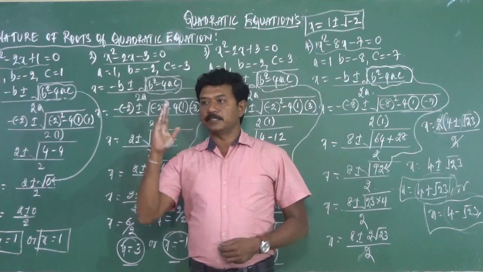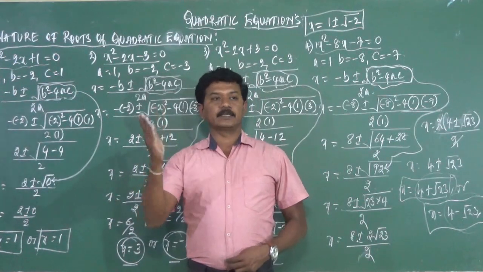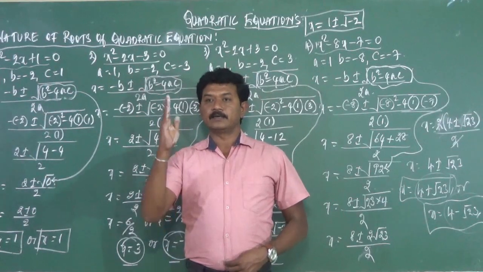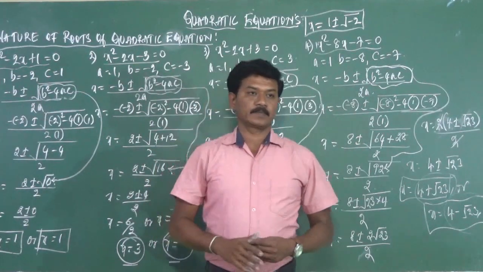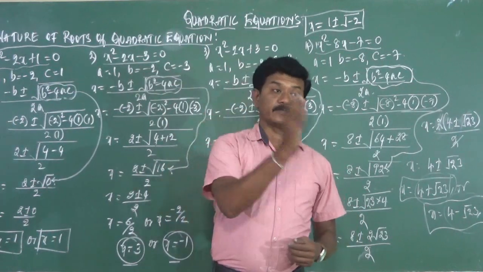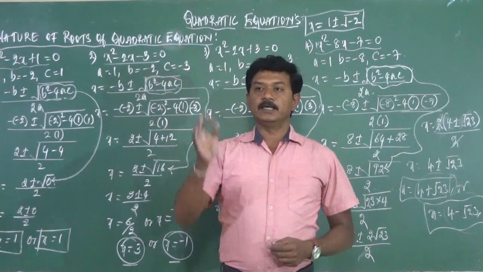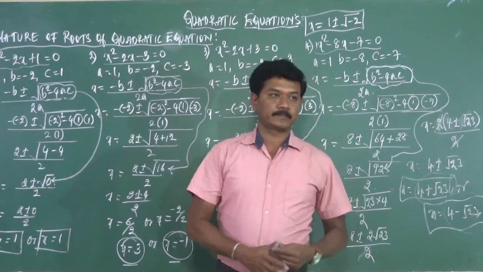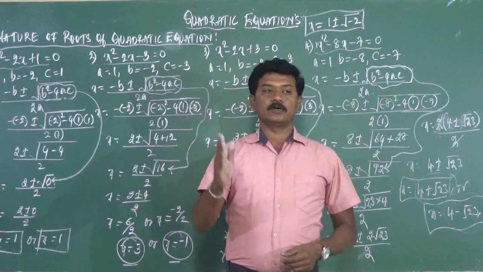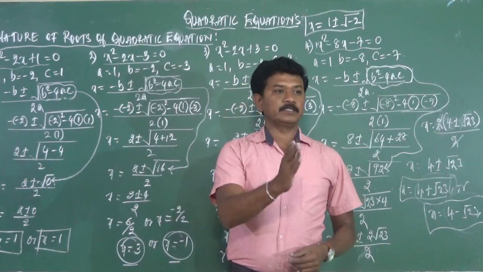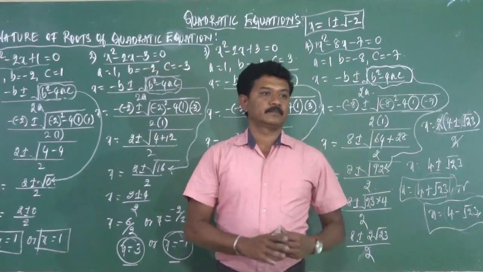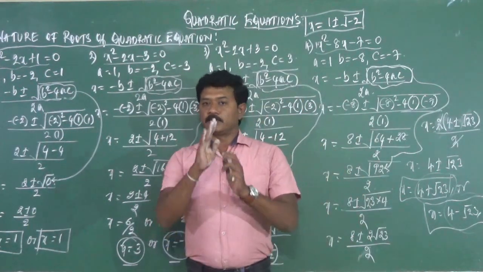If discriminant is greater than 0 and a perfect square, then the roots are real and rational. If the discriminant value is greater than 0 and not a perfect square, then the roots are real and irrational. And if the discriminant value is less than 0, then the roots are complex or imaginary, or not real roots. So these are the 4 categories.